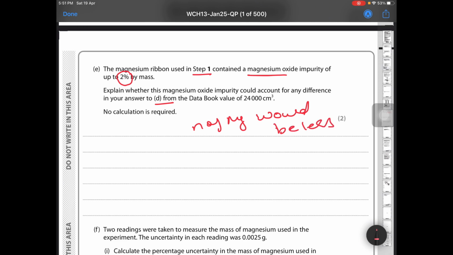But you cannot give the effect on the volume of 1 mole of hydrogen gas, because it's way too small, so it won't have any effect on 1 mole of hydrogen gas.